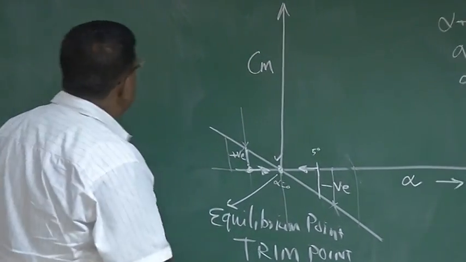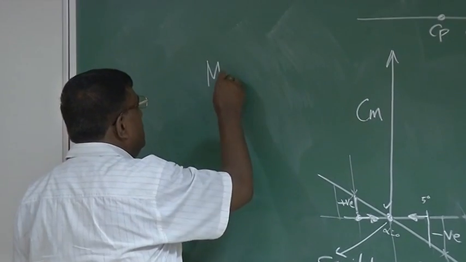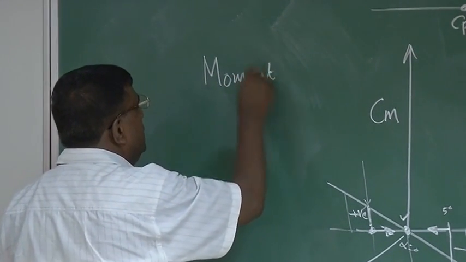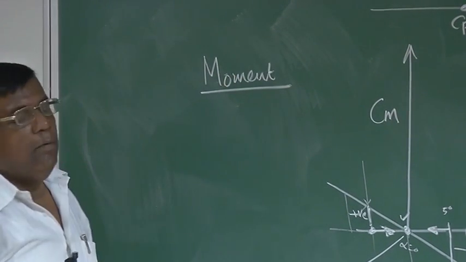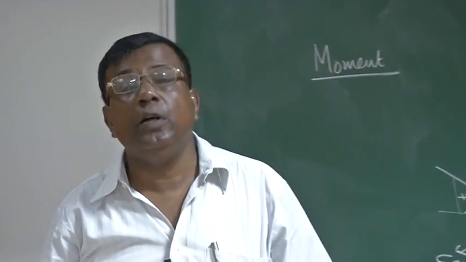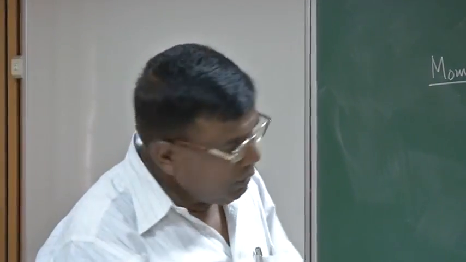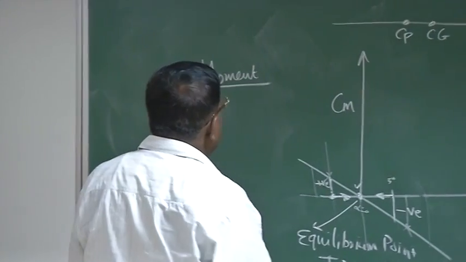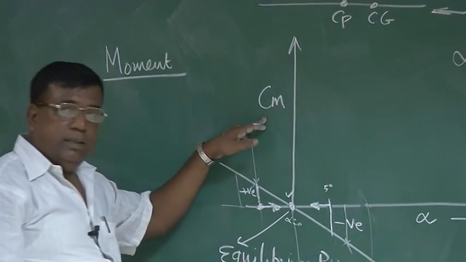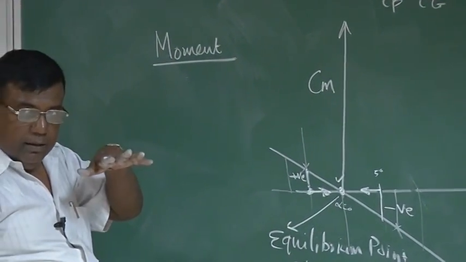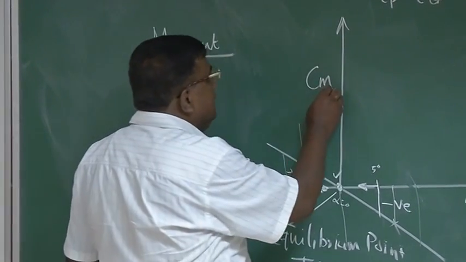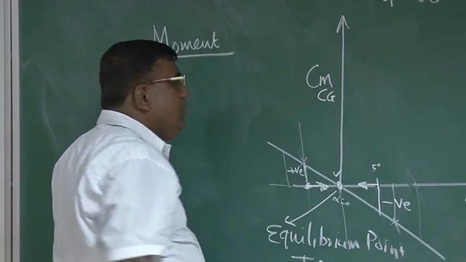Whenever I am talking about moment, what is moment? Moment is an effect of a force about a point or a line. So this moment, when I am writing Cm, it must be about a point, and for the airplane this is actually about the center of gravity.